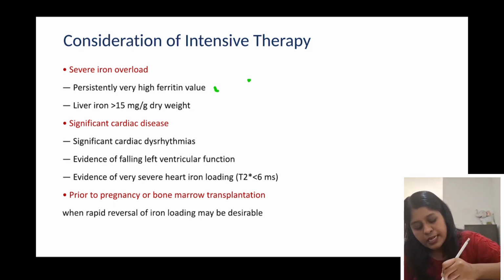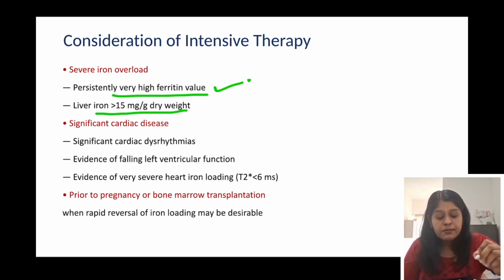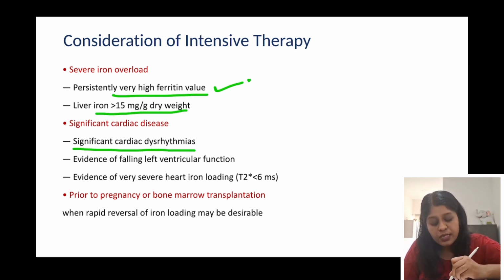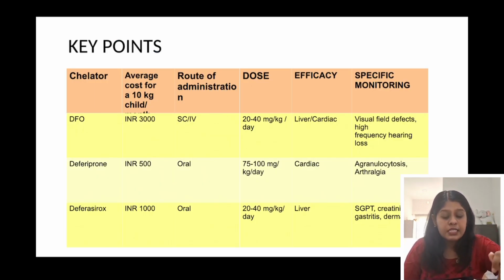If the child is having severe iron overload, like a very high ferritin level, if the liver iron is more than 15 mg per gram dry weight, or if there is significant cardiac disease like arrhythmias, LV failure, heart iron overload in the T2 weighted MRI, or prior to pregnancy or bone marrow transplant, we have to do intensive therapy.